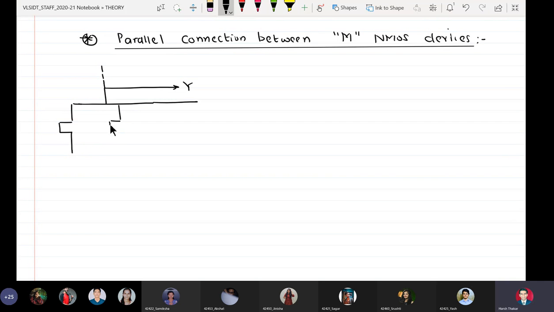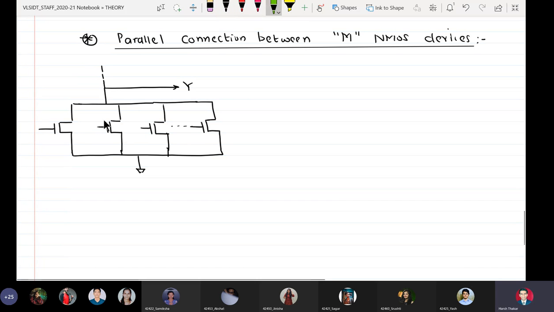NMOS, NMOS, NMOS, and the mth NMOS, and all of them are connected in parallel: N1, N2, N3, NM.